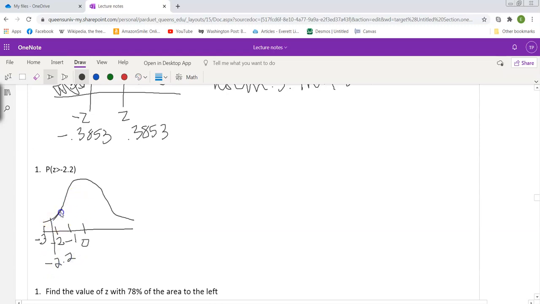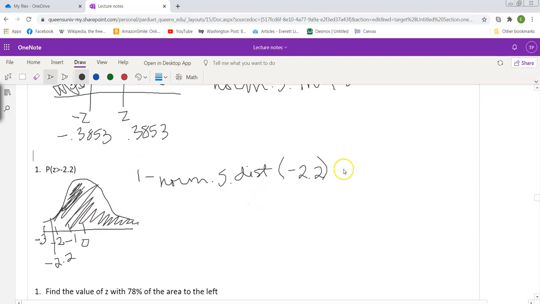And we're looking for the area to the right, because this is greater than. So when we're looking for a normal probability, it's going to be NORM.S.DIST. And we want the area to the right, but if we give it negative 2.2, it's going to give us the area to the left, so we have to do 1 minus. And don't forget your comma true.